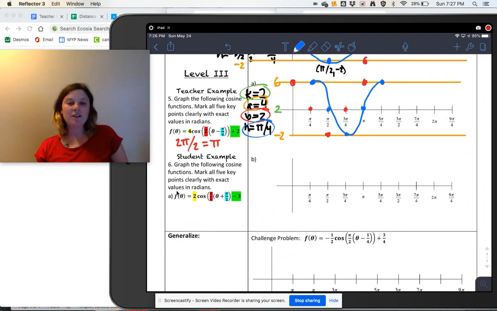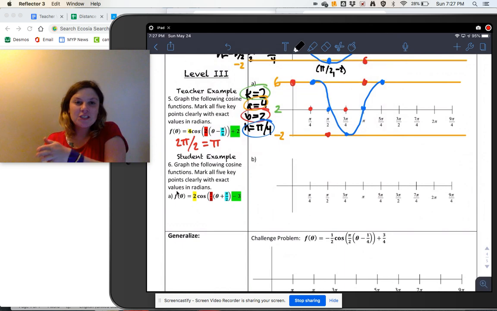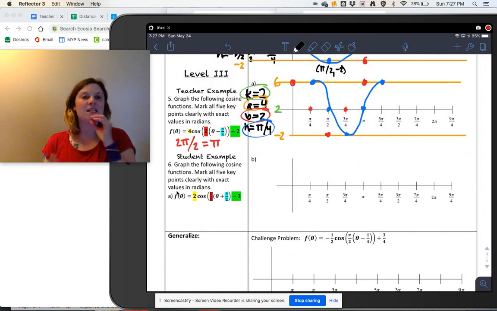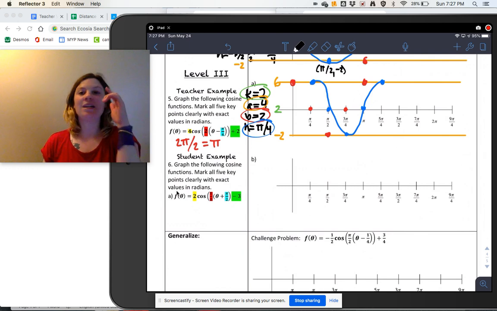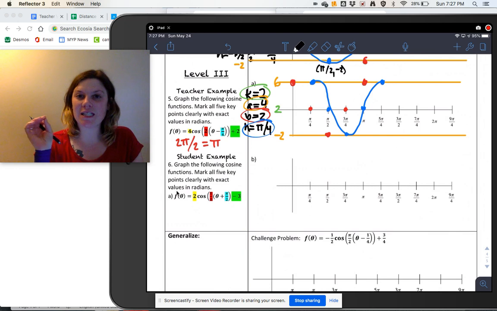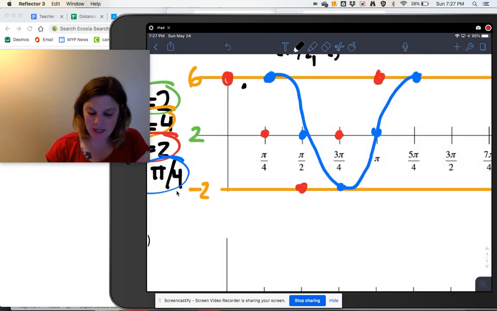There is our final graph. Once you get down every single little change, putting them all together, as long as you follow the same procedure, right? K first, A second, B third, H fourth, that's going to make it a lot easier for you. Okay, let's label the points, and then you guys get a shot at it. So we got pi over 4 is now at 6.